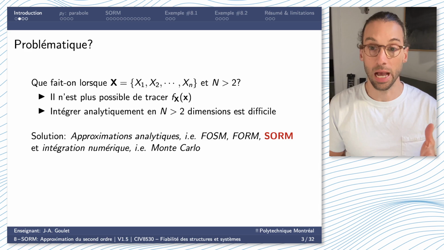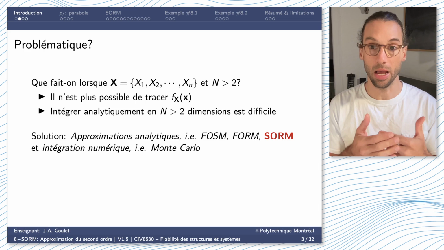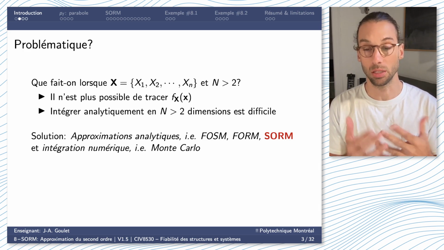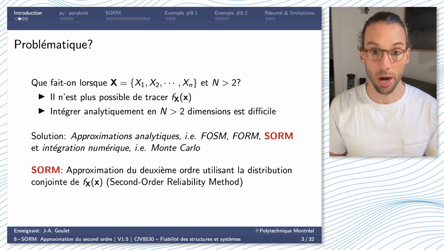And we want to see how we can approximate our limit state function, not anymore by a first order Taylor series approximation, a linear function, but in this case by a parabolic function, a function of x squared.